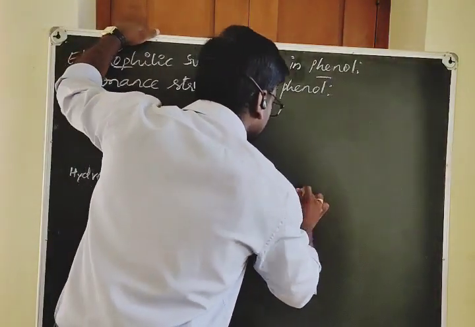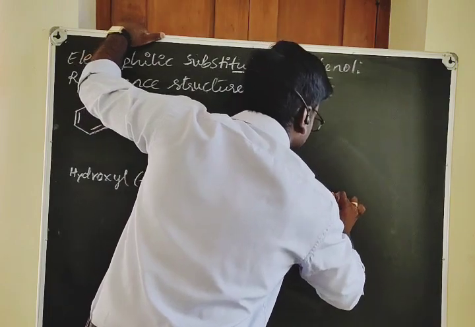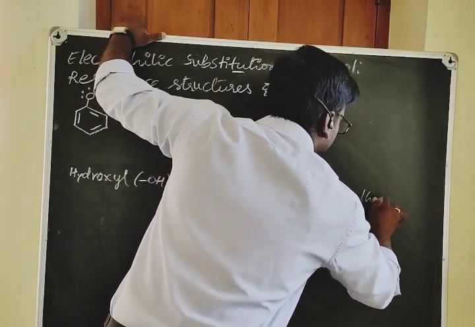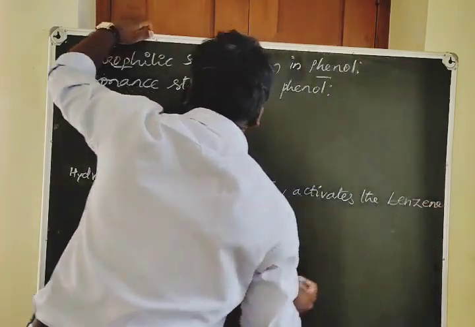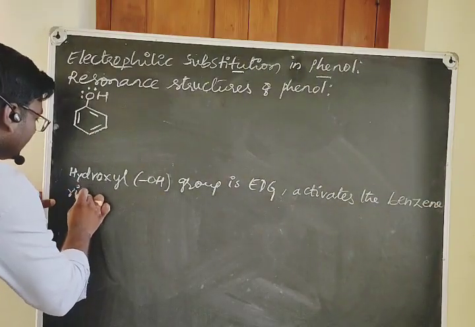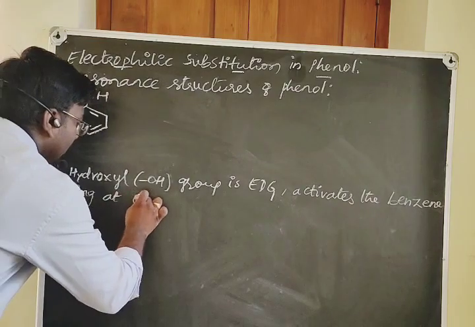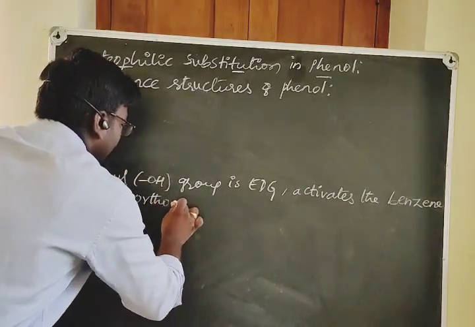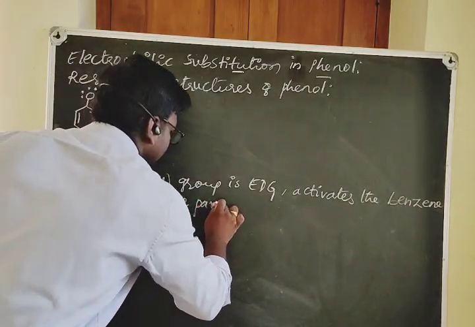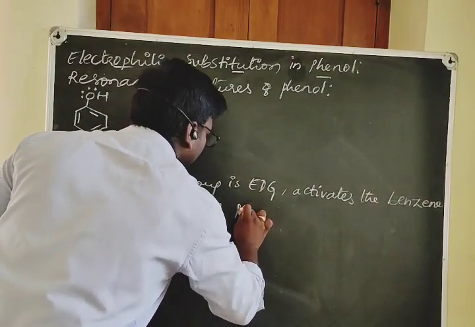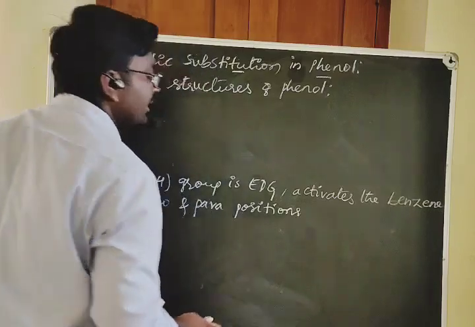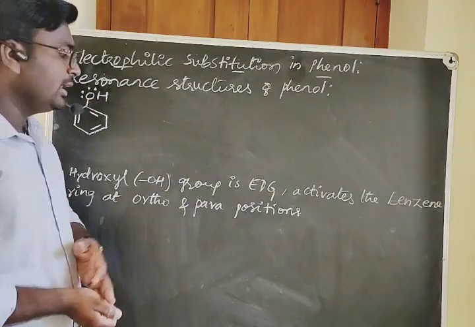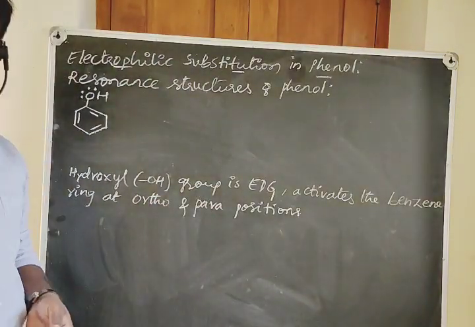It activates the benzene ring at ortho and para positions. That is why the incoming electrophile attacks at ortho and para positions.